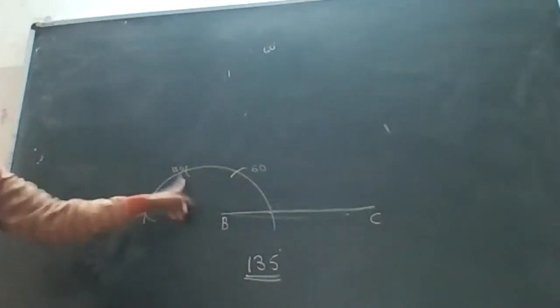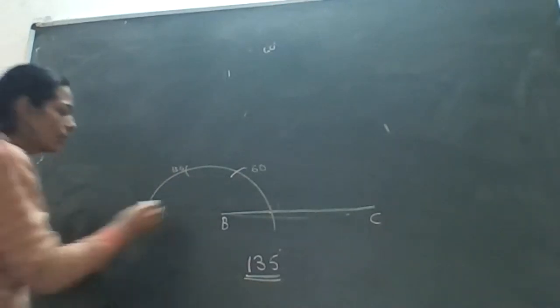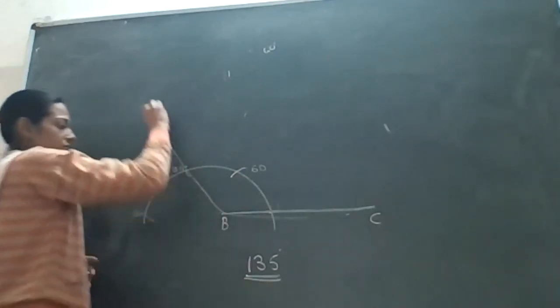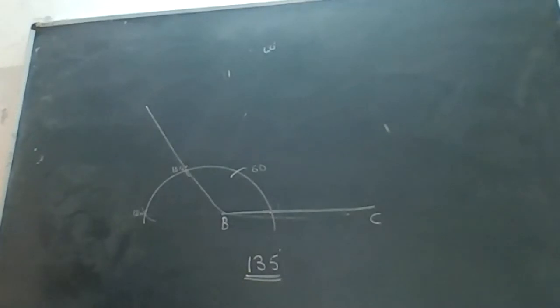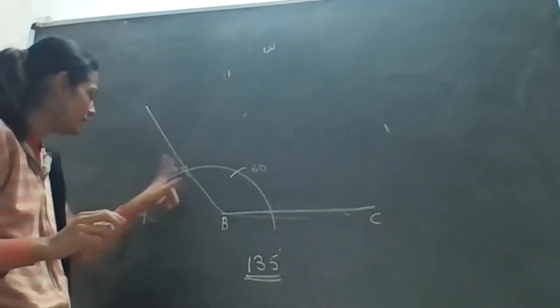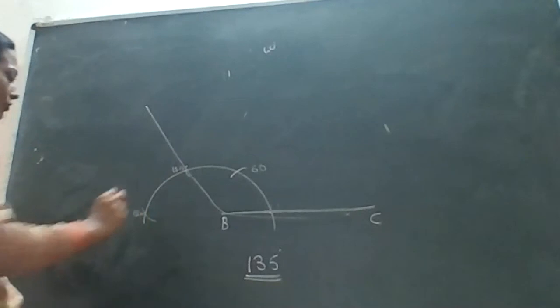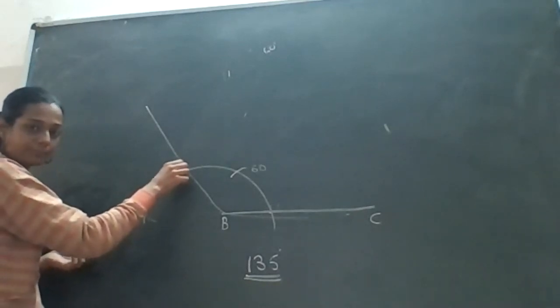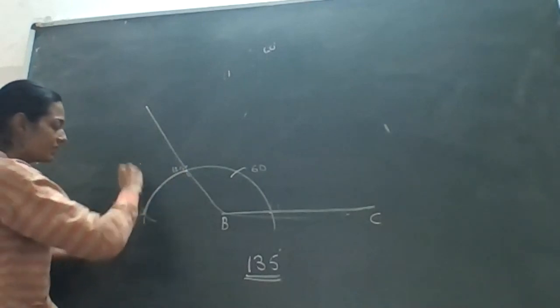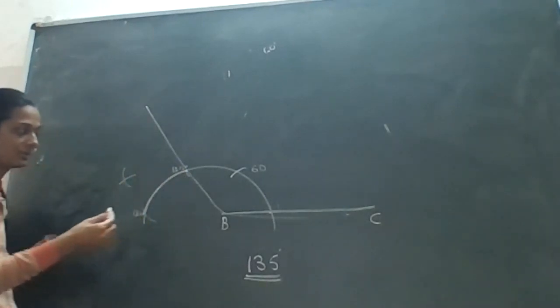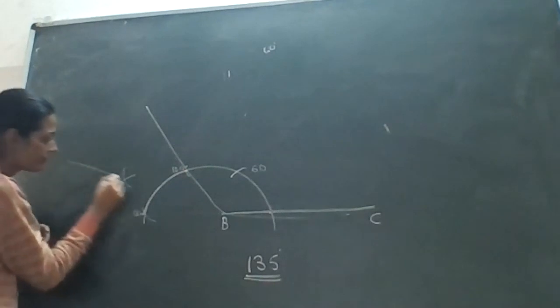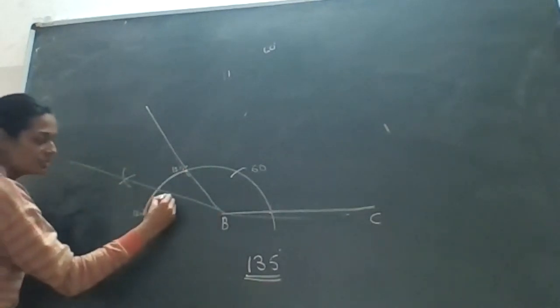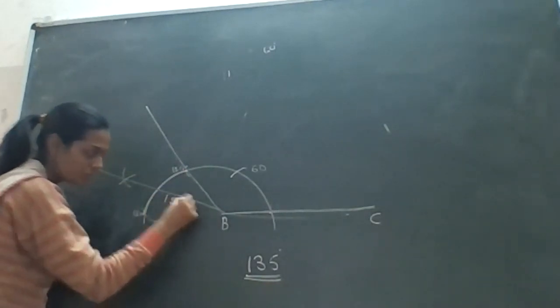So 60, 120 and 180. Now you have to draw this 120 first of all, because this will lie between 120 and 180. From this distance, 180 and 120, draw this, and you will get here 150. This is your 150.